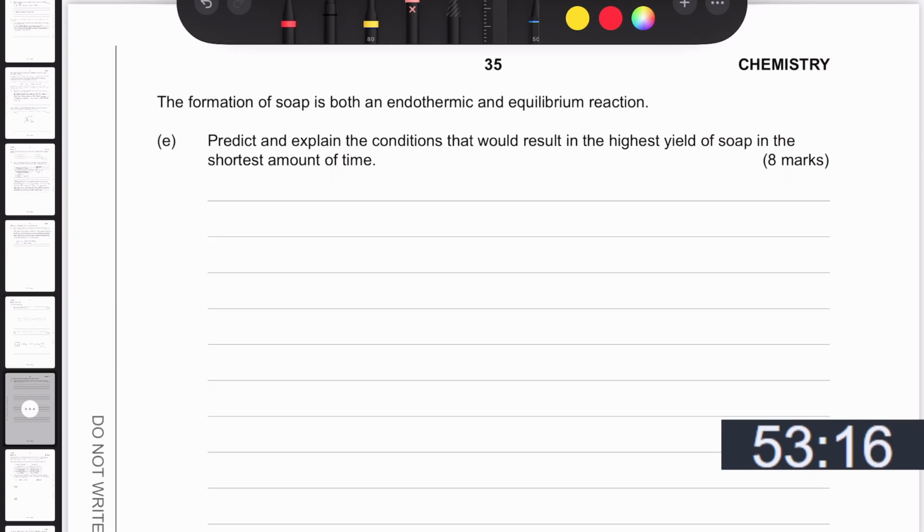Formation of soap is both an endothermic and equilibrium equation. Predict and explain the conditions that result in the highest yield of soap in the shortest time.